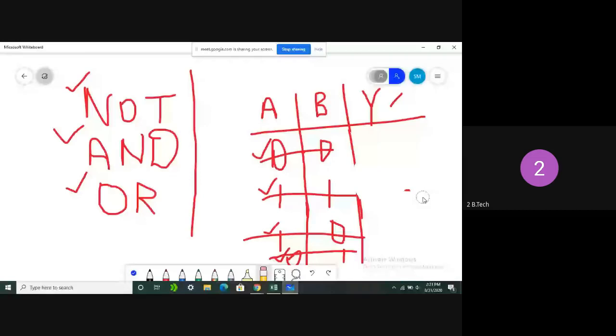Okay, so let us see what happens if you perform the AND operation on both signals. We represent the output as Y. The AND operation is similar to multiplication, though not exact multiplication.